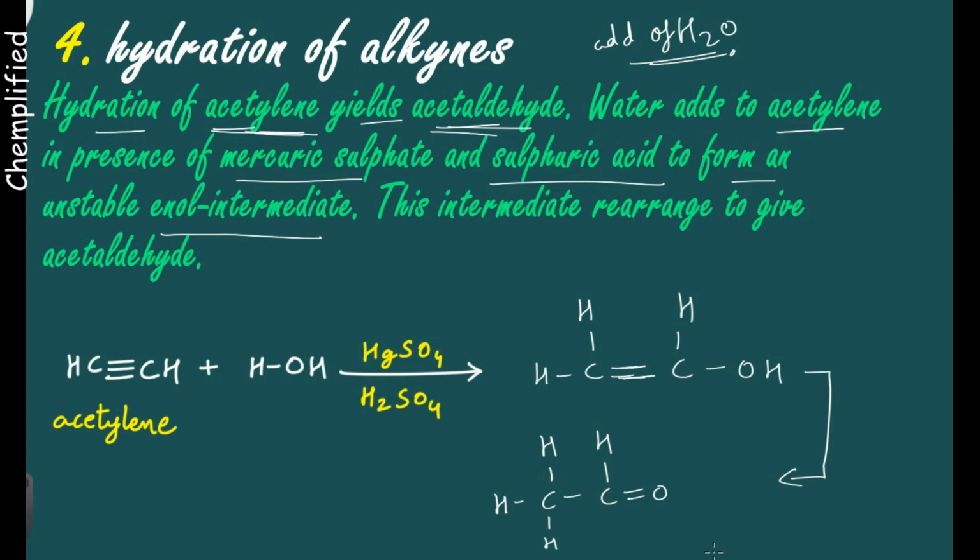This is your acetaldehyde formation, right? So the hydrogen changes its position to this carbon and you will get stable acetaldehyde. So this is the hydration of alkynes in case of acetylene. I repeat, in case of acetylene, you will get an aldehyde, right? Now why I am repeating this, let's take a look in the next.